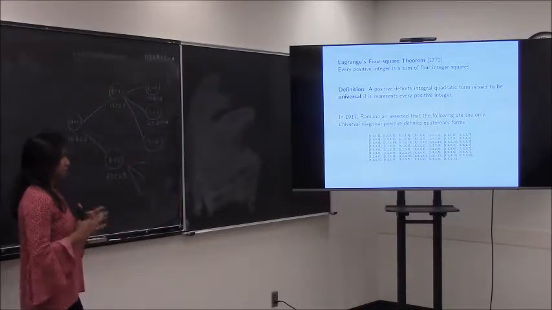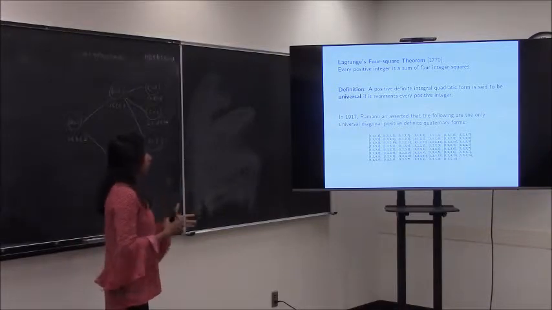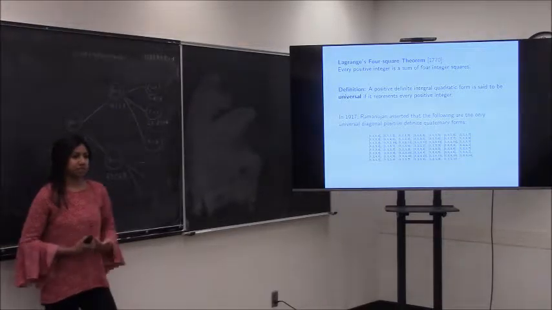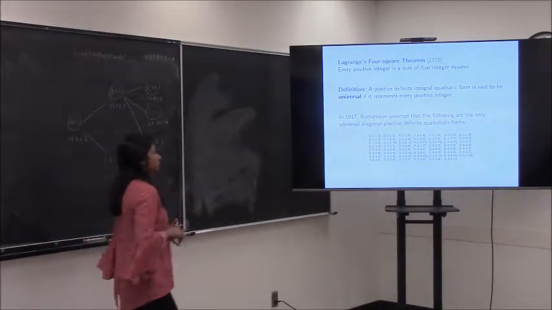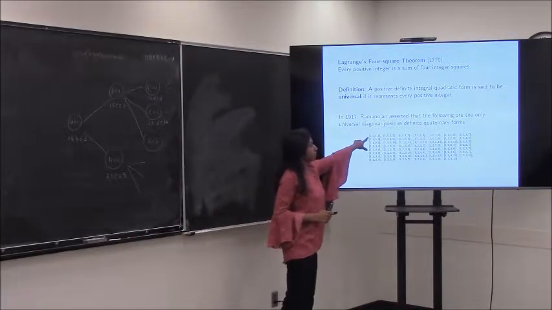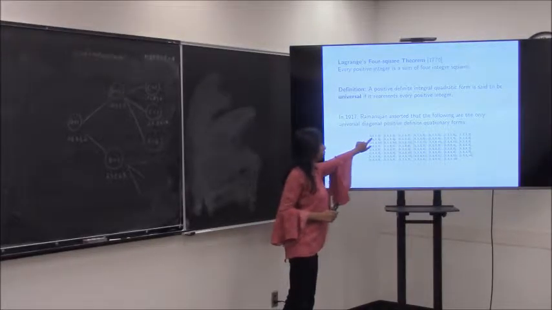So the most interesting thing here is how to prove these are the only universal diagonal forms, or how to prove this is a universal form, like this. And also you can see the first one corresponds to Lagrange's theorem. This is when we have a sum of 4 integer squares.